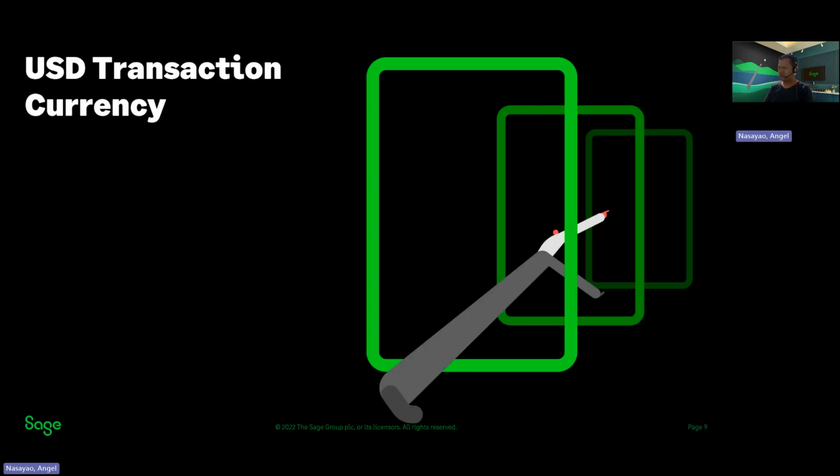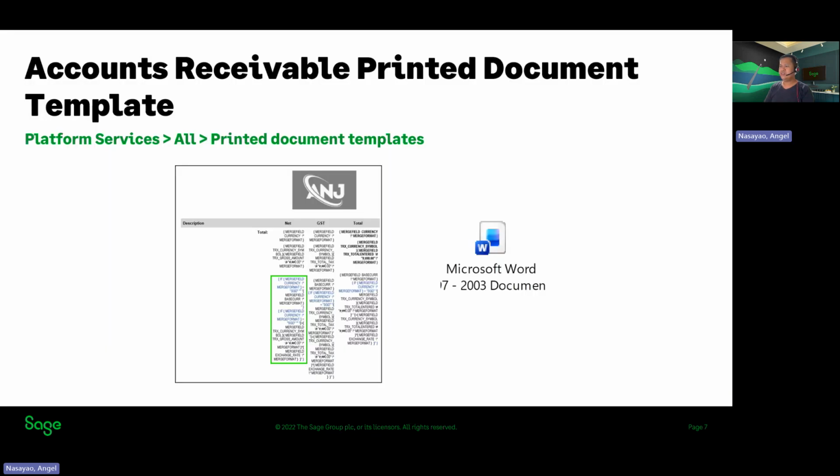And if we go back again to the template, this area in here will be your transaction currency and the transaction net amount. If it's SGD, then just blank.